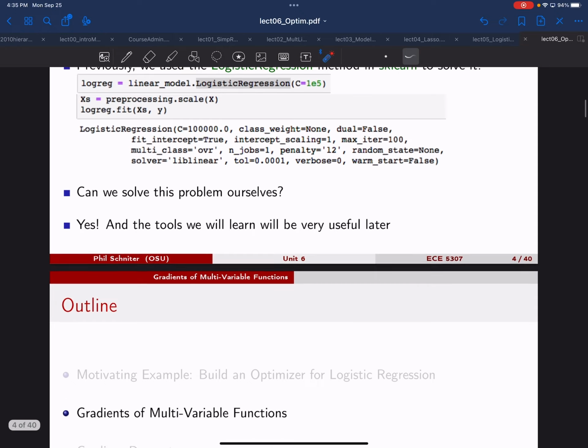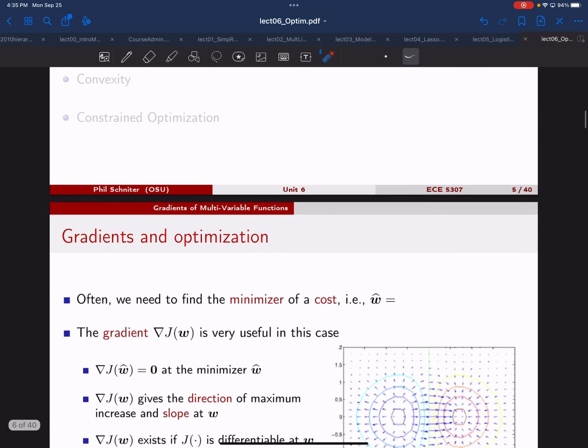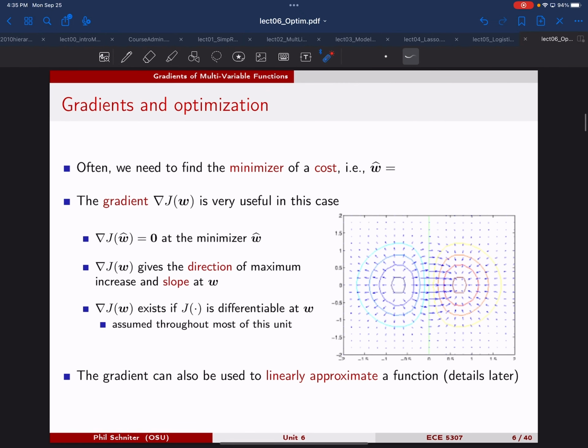All right, so to do this, we're going to have to go back and talk about gradients. We've talked about them before, but we're going to talk about them in a little bit more generality now. The first thing is to reflect a little bit on, or review, really, what gradients are. The reason we focus so much on gradients is that we are interested in finding the minimizers of cost functions.